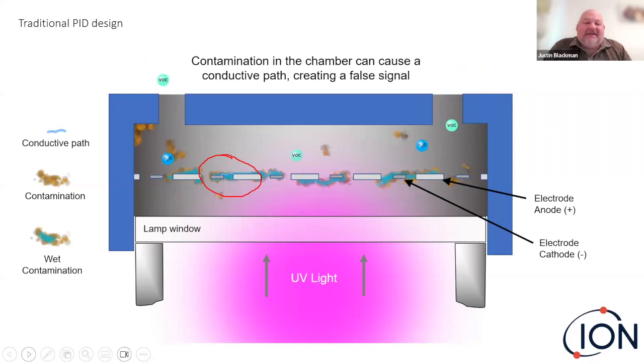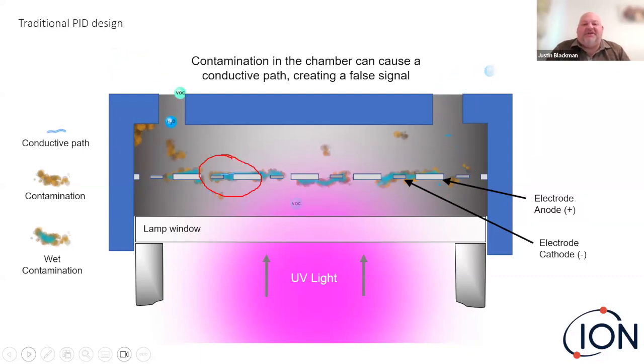And in this case, we have conduction taking place. The red mark there in the middle is showing we have conduction able to take place between electrodes using the path of the wet contamination. And that is what shows on screen as the readings going up, up, up.